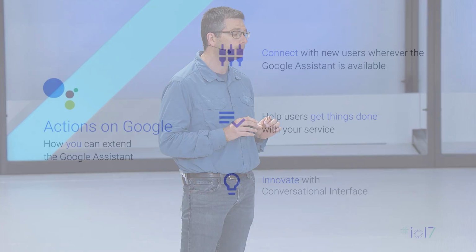And of course, many of you know on Play, we created an ecosystem between Android app developers and their users. It's that exact same kind of ecosystem we're creating with the Google Assistant. And that ecosystem is enabled by a platform we call Actions on Google.